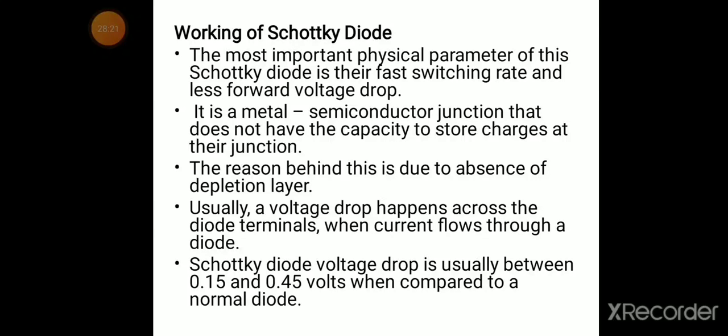Working of Schottky diode. Now we try to discuss the working of a Schottky diode. The most important physical parameters of this Schottky diode are its fast switching rate and less forward voltage drop.